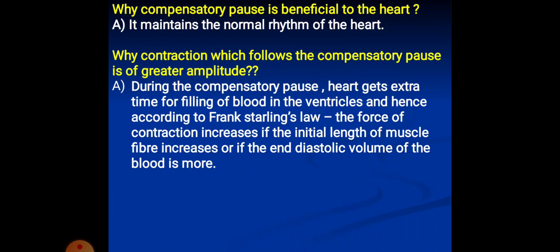When will the initial length of the muscle be more? When the fibers of the heart stretch, when the end diastolic volume, the volume just before contraction, is more, which is because of the compensatory pause. Then the force of contraction will be more.